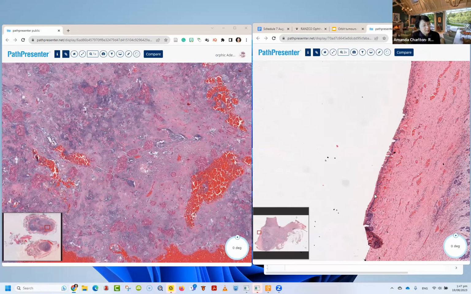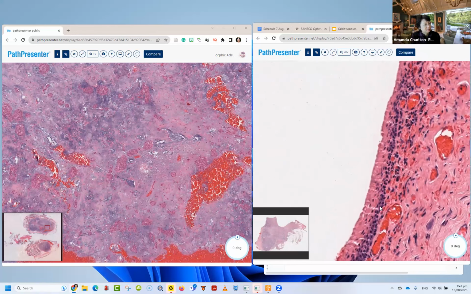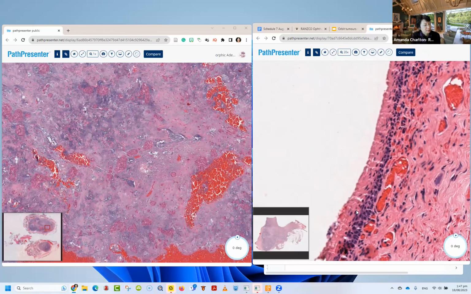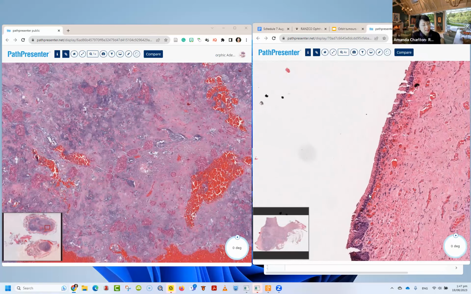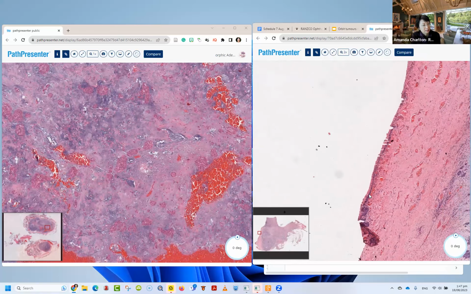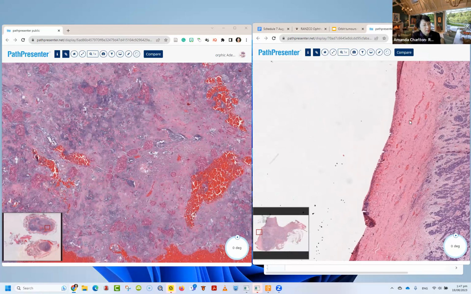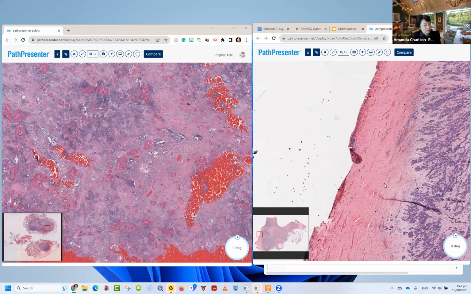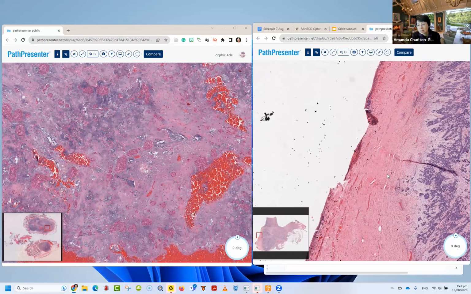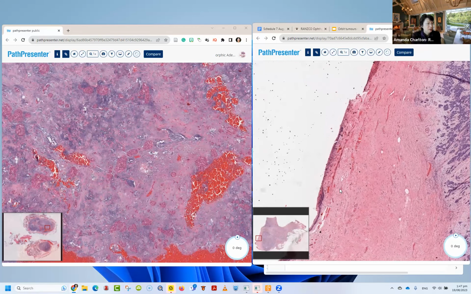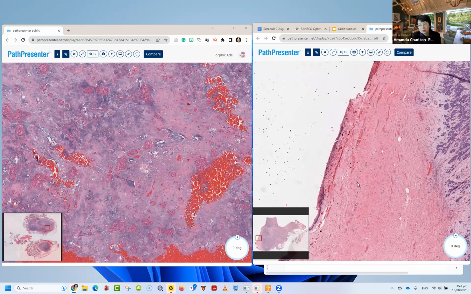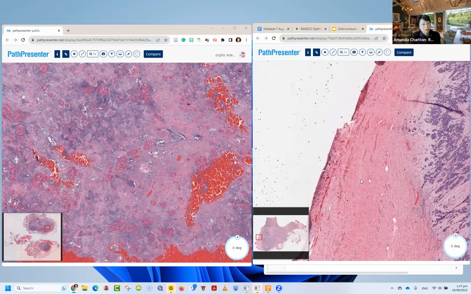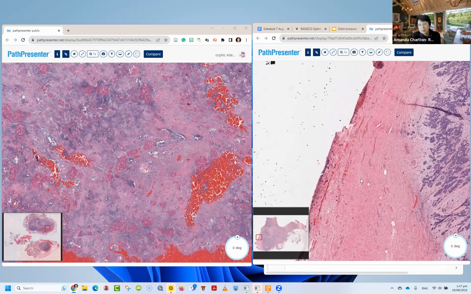So this is squamous epithelium, multiple layers, squamous cells. So squamous epithelium can occur in mucosa and in skin. How do we tell the difference? Is there any hair follicles here? There are no hair follicles. Therefore, I think this is a mucosa. And we know that adenoid cystic carcinomas can occur in various sites around the body. This example that we've given you here is not necessarily from the eye.